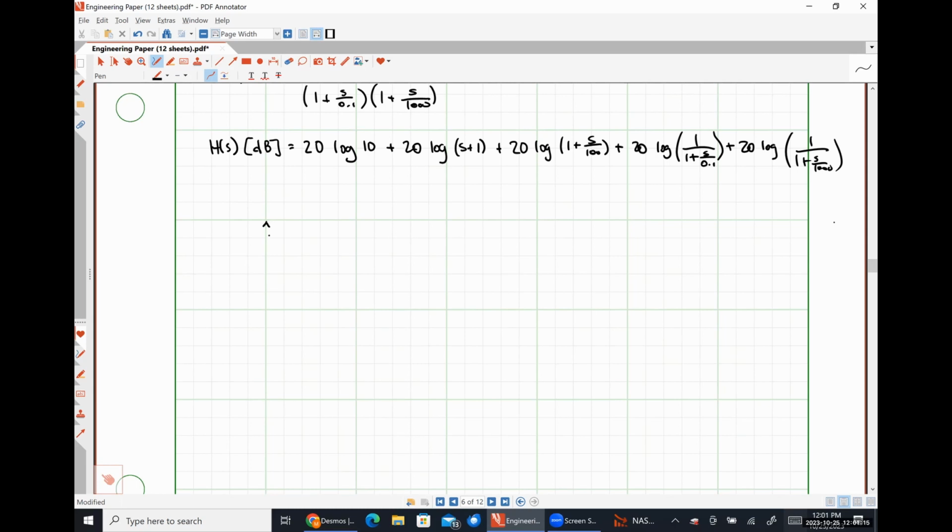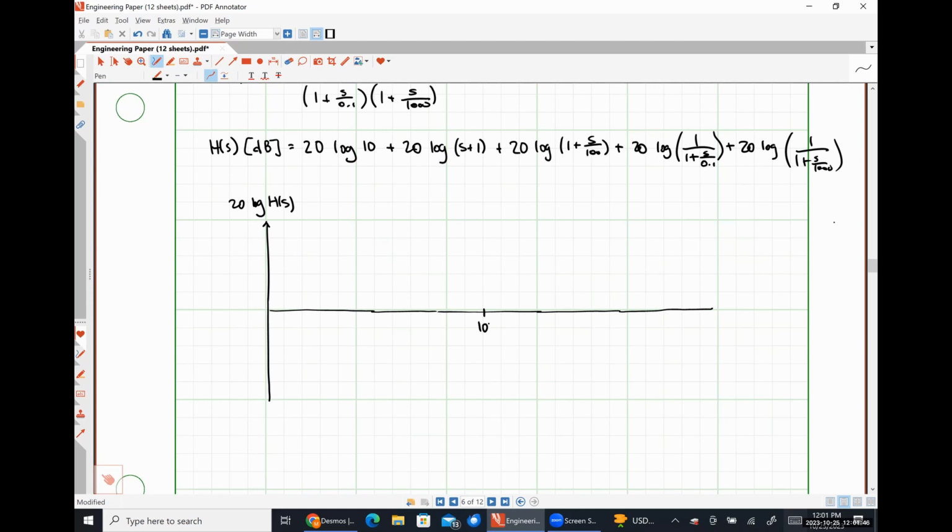Let's make a pretty little graph here. So here is 20 log H of S. We have lots of frequency stuff going on, so I'm just going to make this pretty wide.